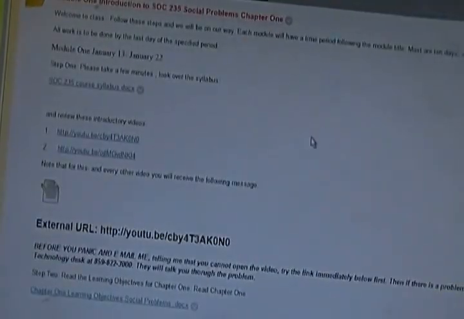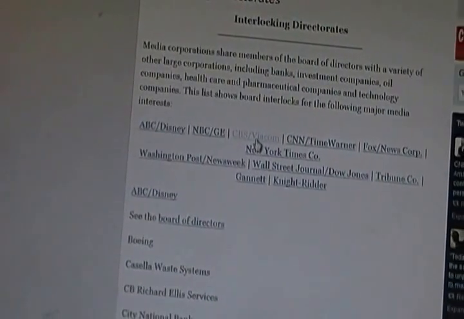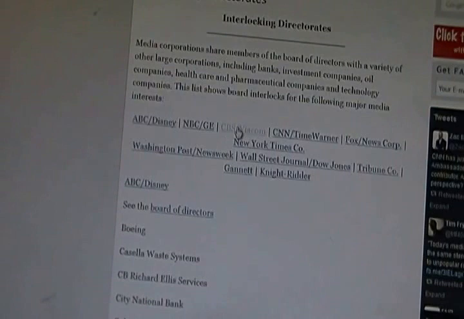And we're going back to Blackboard Learn, and we go down here to assignment 2.2. Then I ask you to look at this interlocking directorate. And again, it goes up here because Blackboard no longer allows me to embed. Well, look, CBS. Notice CBS there? I'm going to click on that.